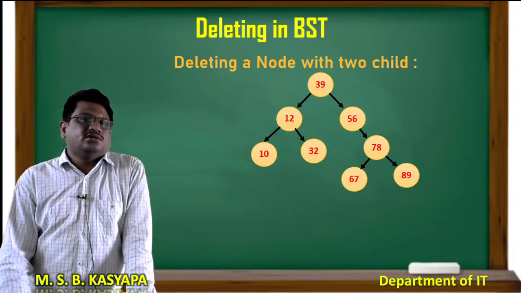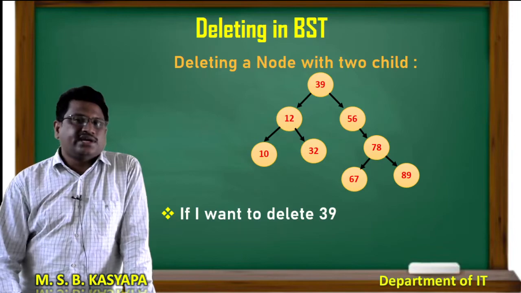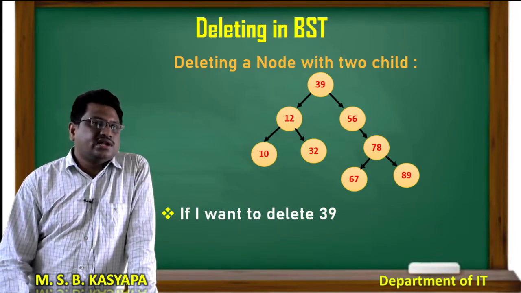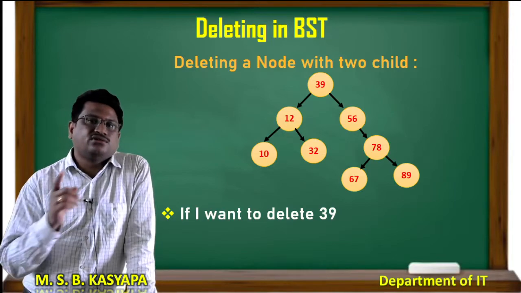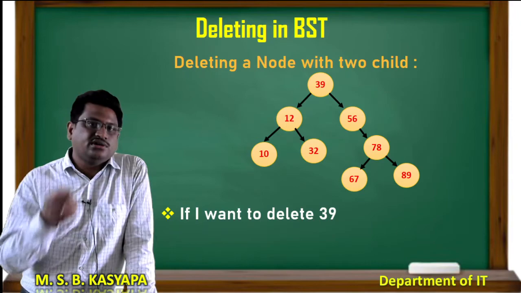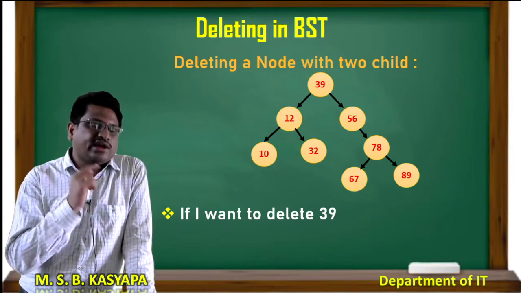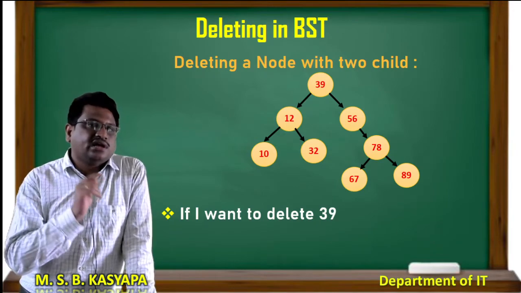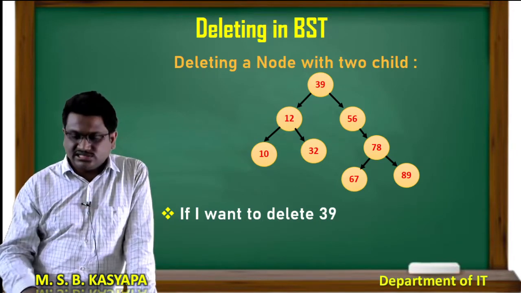Okay. Let us do it once again. Now, if I want to delete 39, see, 39 has two children. So, first I have to decide whether to use the left child value or the right child value. I am going to find a replacement value from the left subtree only. In the left subtree, I have to find the largest value. That is 32.